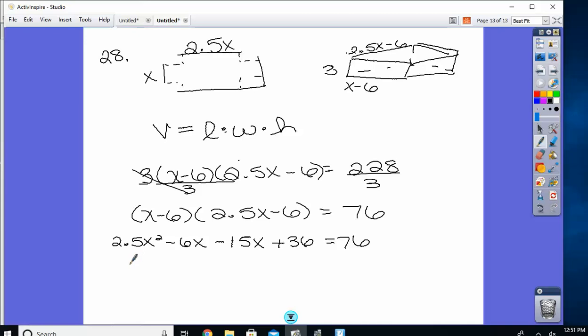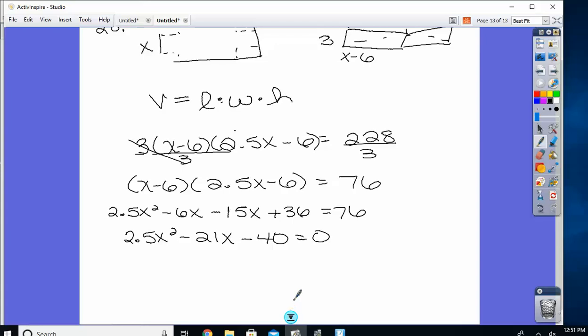Okay, combine my like terms. So 2.5x squared minus 21x. Subtract over that 76, that gives me a negative 4.